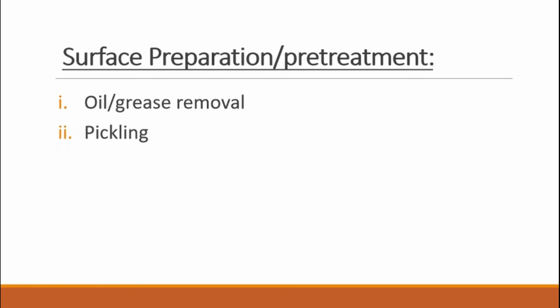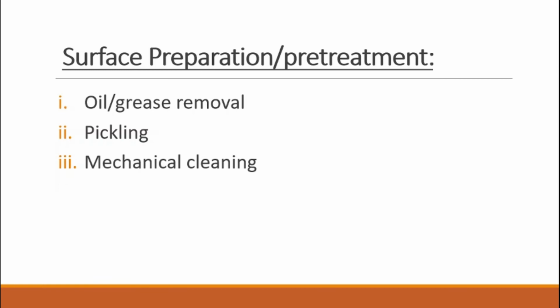Once that is done, you go for the second step called pickling. In pickling, the substrate is immersed in 10% H2SO4 solution, which removes any oxide layers that are deposited on the substrate. And once that is removed, you go for further cleaning, which is done by a mechanical cleaning process. Mechanical cleaning, as the name says, you will take a sandpaper or a similar material and rub the surface of the substrate.